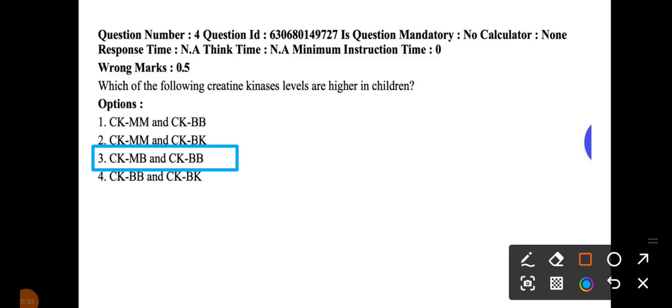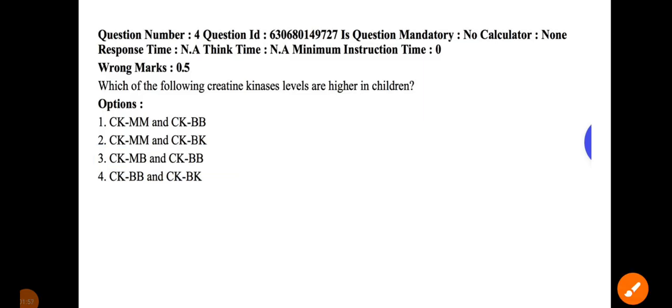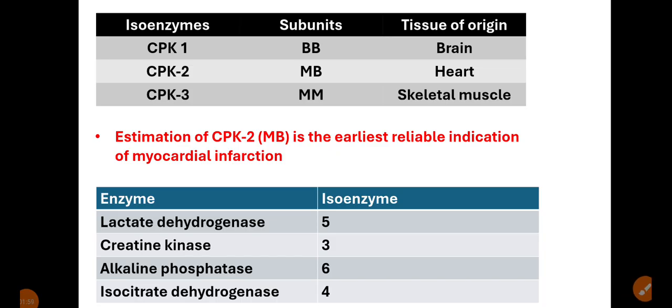Okay, so we will see what the creatine phosphokinases are, right? There are three isoenzymes of creatine phosphokinase: CPK1, CPK2 and CPK3. The different subunits are: for CPK1 that is BB, for CPK2 that is MB, and CPK3 is MM. So what is the BB?